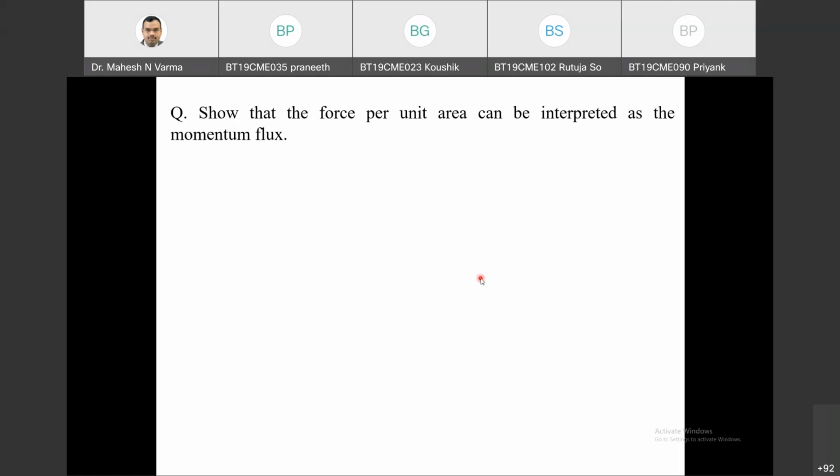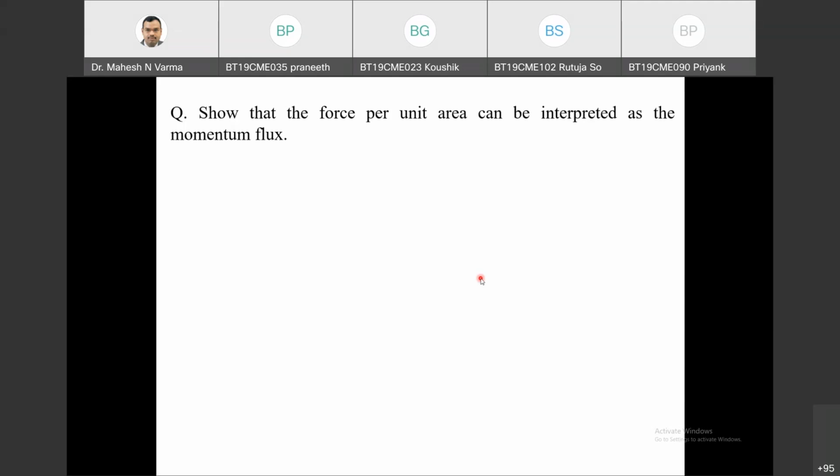So we get kg per meter second square, and force per unit area is again Newton per meter square. Kg into meter per second square, how is it force? Sir, this is normal momentum flux, and now we are saying force per unit area. So kg into meter per second square, what is that?